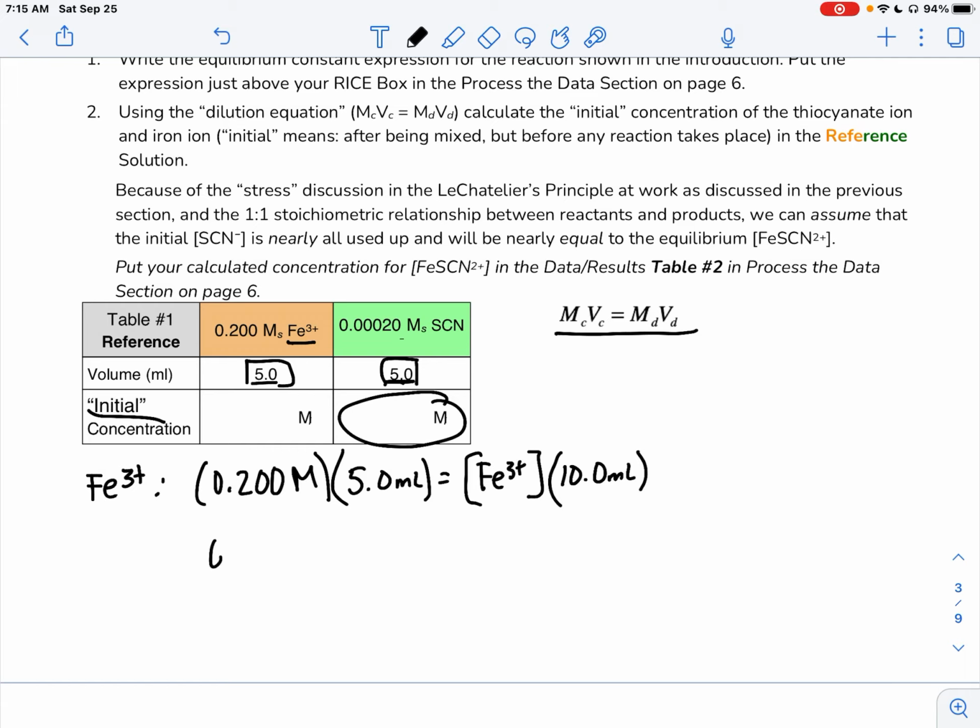So we do 0.2 times 5 over 10 equals our concentration of Fe3 plus. So that comes out to 0.1.